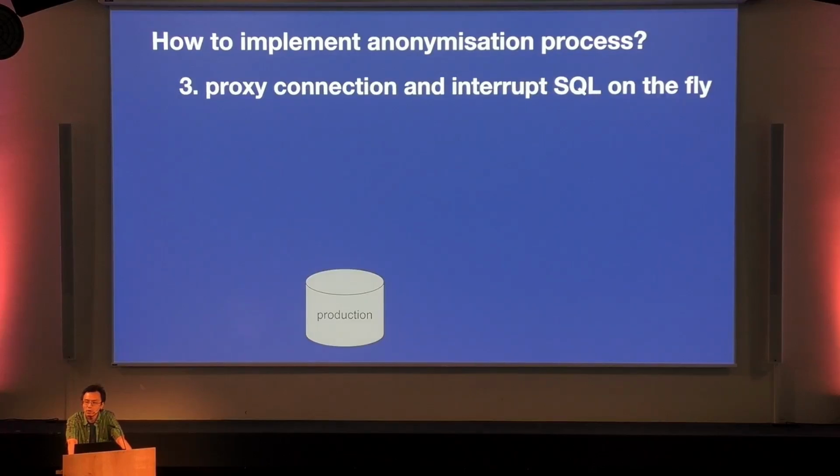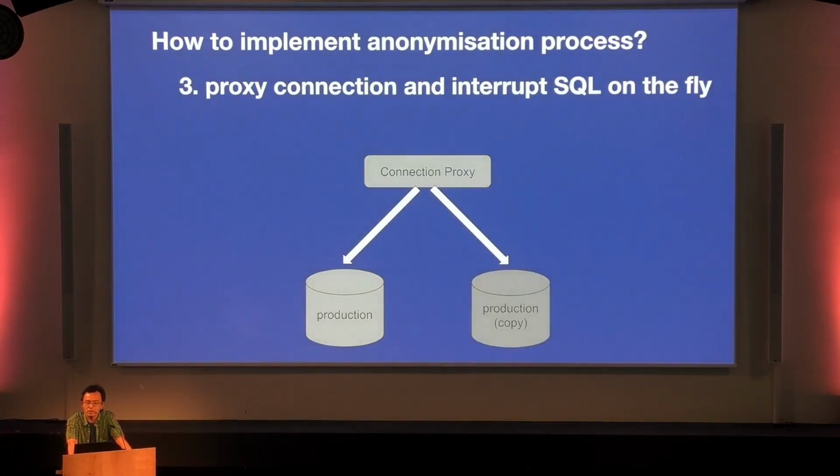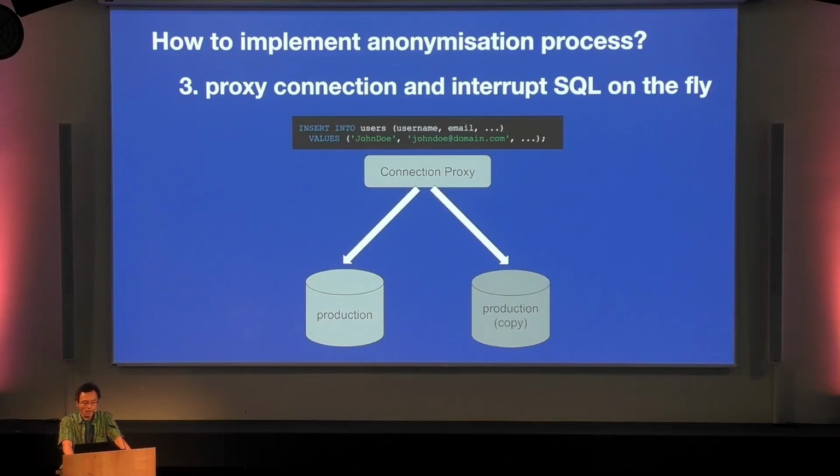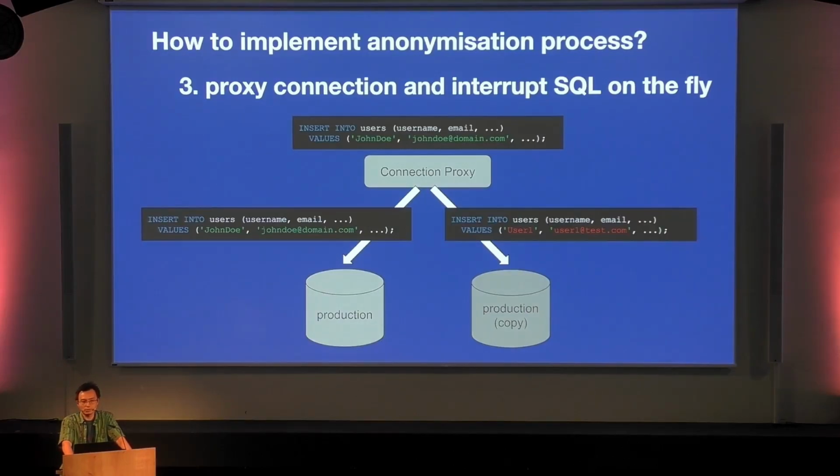Or a proxy connection. Your production database is here, and you set up a connection proxy. SQL comes from the user or application. For production, it goes through as it is, but the proxy intercepts the SQL on the fly to anonymize sensitive data.